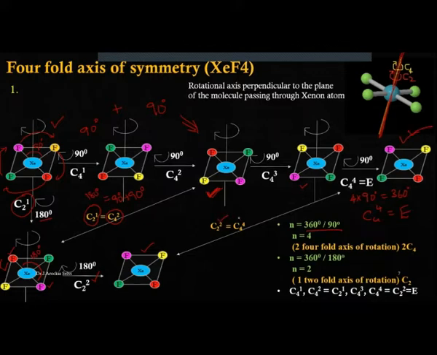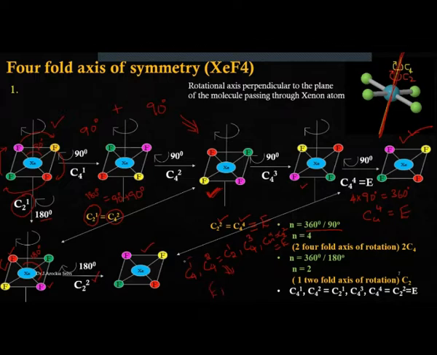So C2 2 and C4 4 are the same, and they are equivalent to E. So you could summarize: here we get C4 1, which is unique. C4 2 can be represented as C2 1, so C2 is present in C4 2. Then C4 3 is again a different unique one. Then C4 4 is equivalent to C2 2, which is equivalent to E.